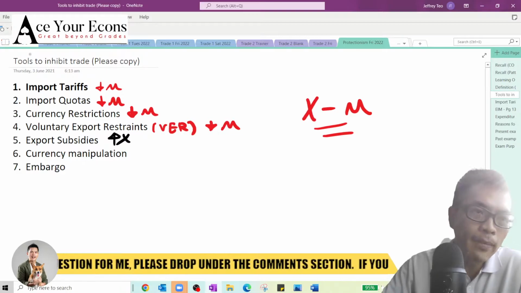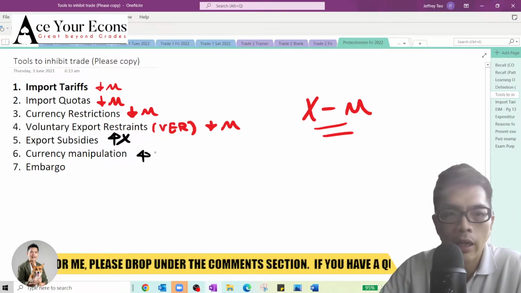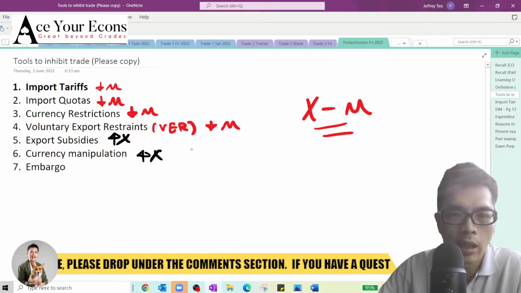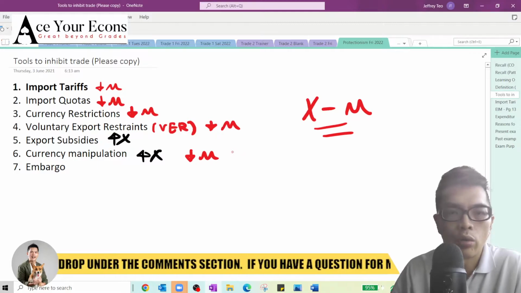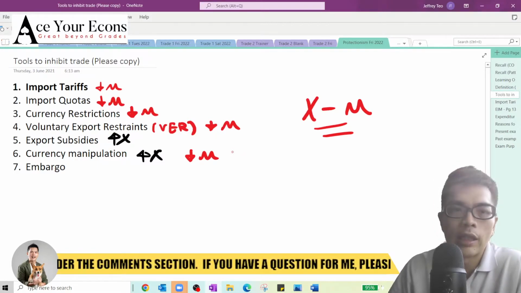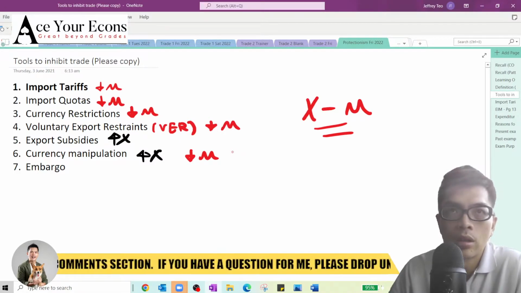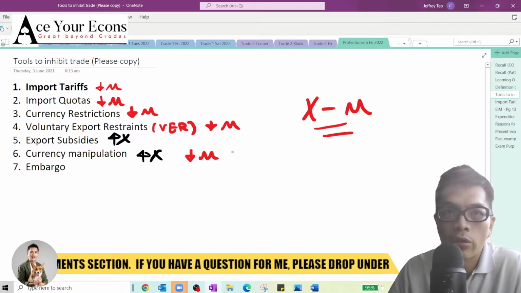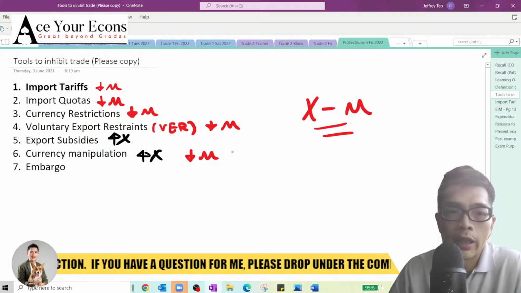So currency manipulation has two simultaneous effects. It can raise your exports and reduce your imports, through a depreciation. Currency manipulation is only applicable for countries that adopt a fixed exchange rate or managed float, or what we call exchange rate targeting.